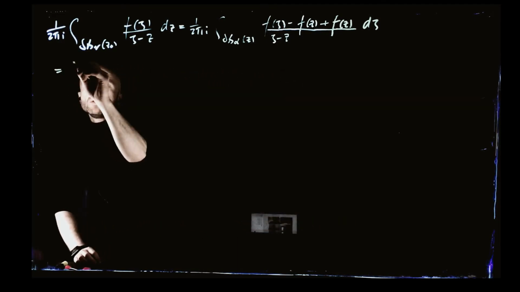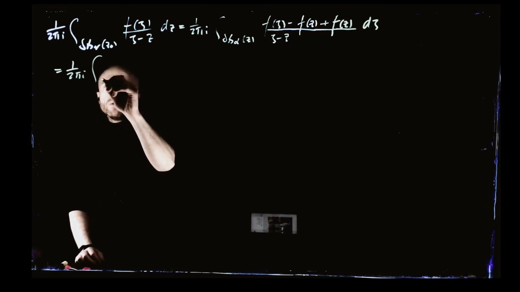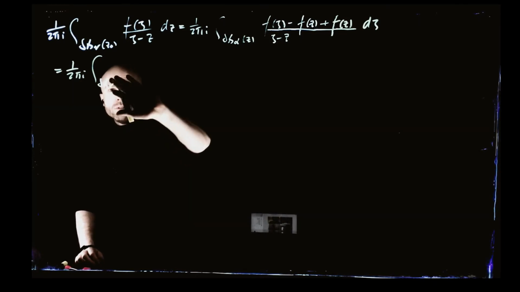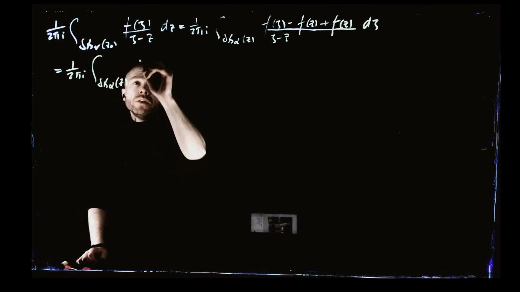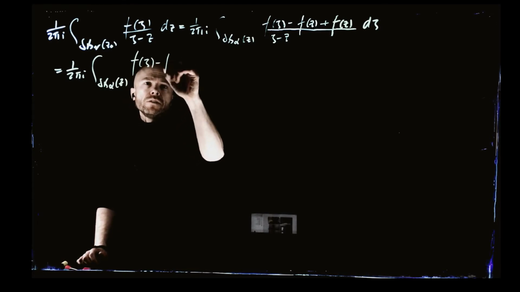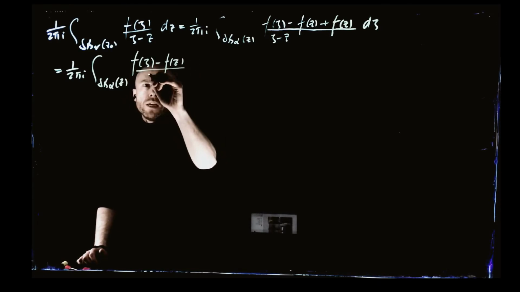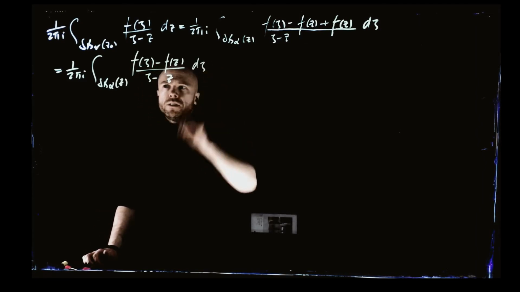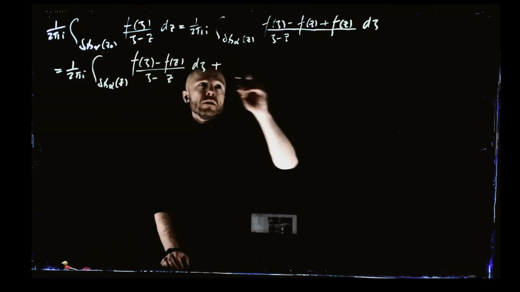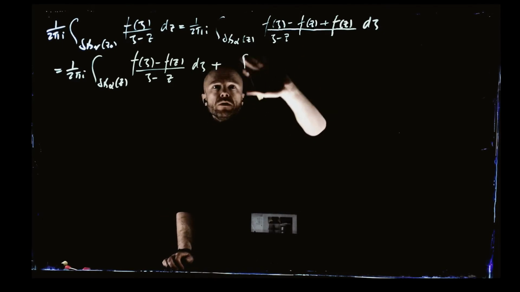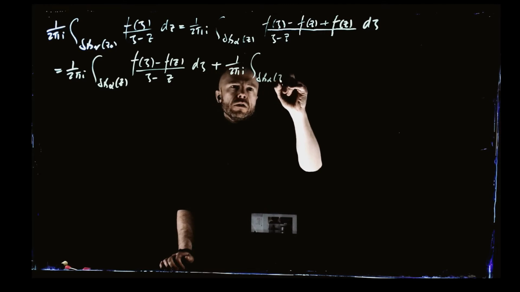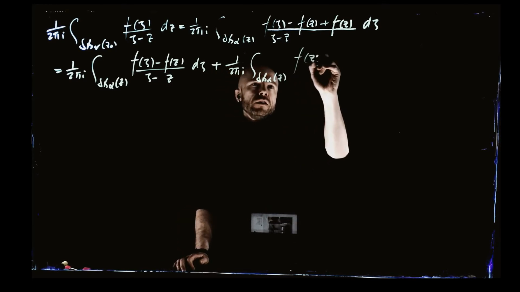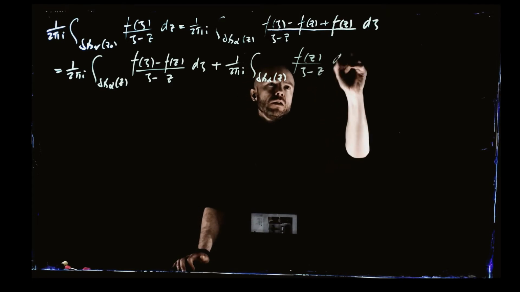So that thing is 1 over 2 pi i, integral around the boundary of the ball of radius alpha around z of f of zeta minus f of z over zeta minus z, d zeta, and then plus this thing, the 1 over 2 pi i integral around the boundary of the ball of radius alpha around z, now of f of z over zeta minus z d zeta, yeah?